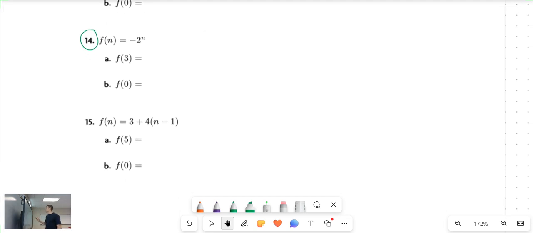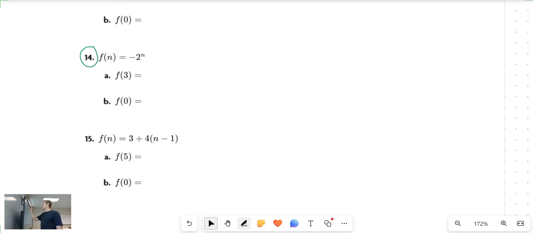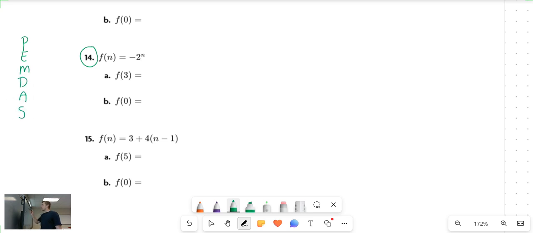There's number 14. All right, this is the last one. It looks just like the previous, but now with a negative sign. So remember that if we have a negative sign in front of exponents, a little reminder that we have PEMDAS down the side. Should be a refresher from previous years. Parentheses are first, but the exponents actually come before the multiplication.